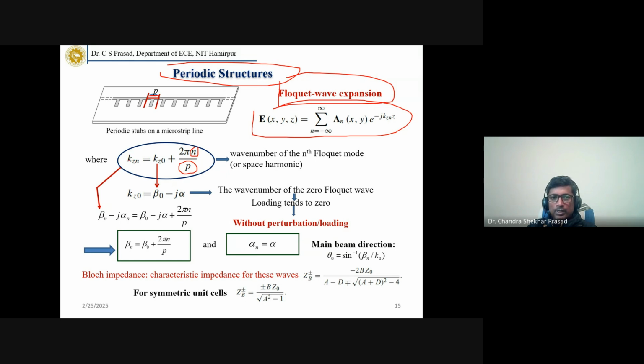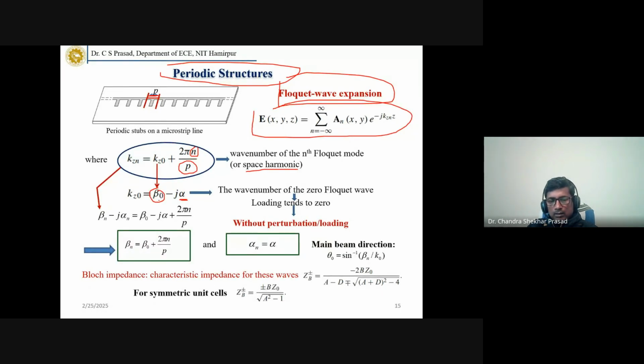Let's say if you put n equals 1, that is the first harmonic. If you put 0, that means the fundamental harmonic, and so on. So this is representing the nth Floquet mode, and this is a space harmonic, right? This part kz0 we can write as beta0 minus j alpha, fine. Again, this alpha is representing the loss, and beta is your phase constant.